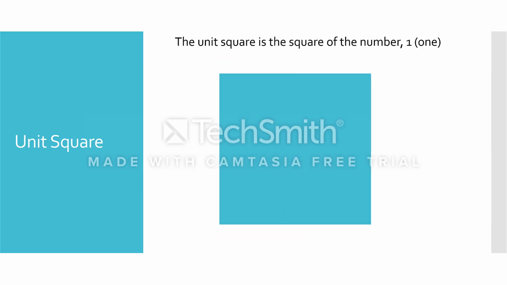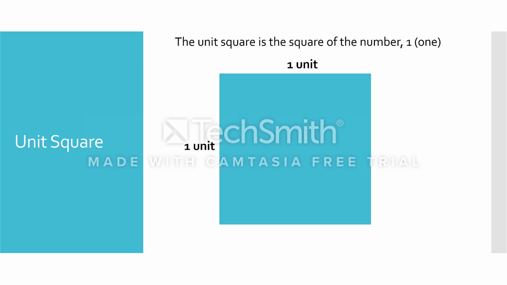To understand the area of a square, I need to explain to you what a unit square is. It is the square of the number 1. You can see the square on the screen shows a 1 unit height and a 1 unit length.